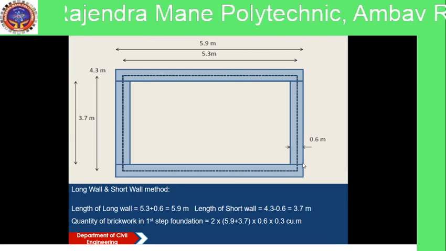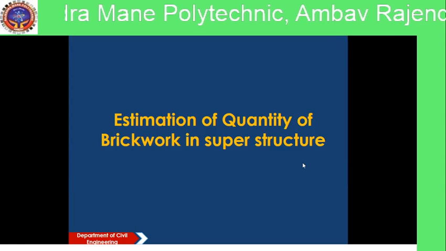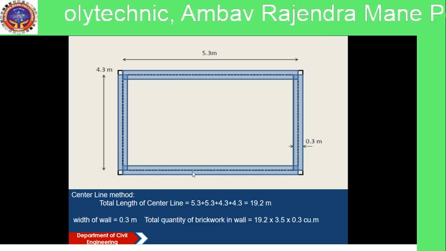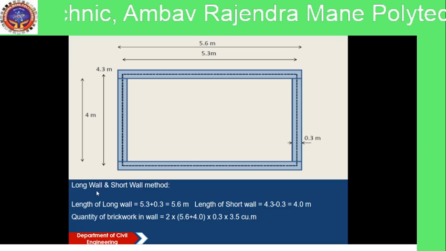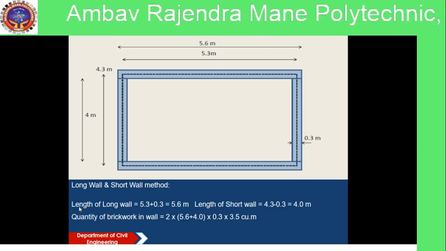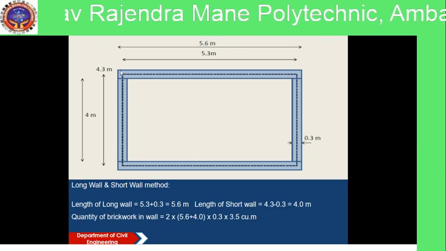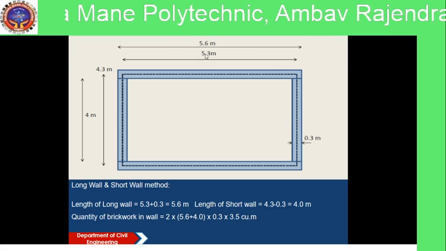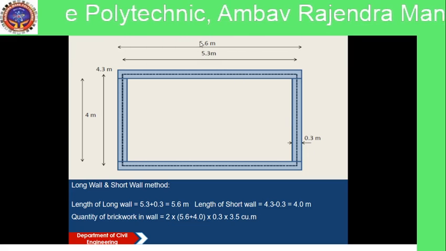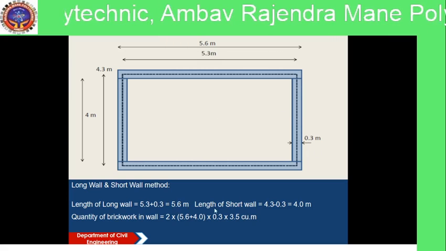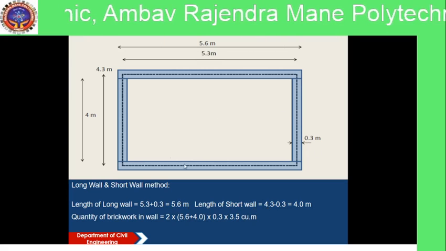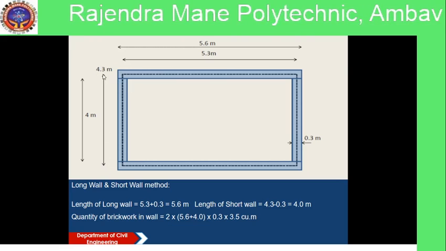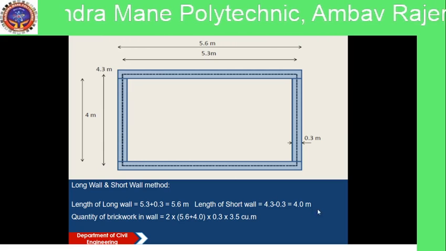Okay, then estimation of quantity of brickwork in the superstructure using the long wall and short wall method. So length of long wall is equal to center length 5.3 plus 1 width of an atom, 5.3 plus 0.3 is equal to 5.6. Length of short wall is equal to center length minus 1 width of an atom, so 4.3 minus 0.3 is equal to 4 meter.